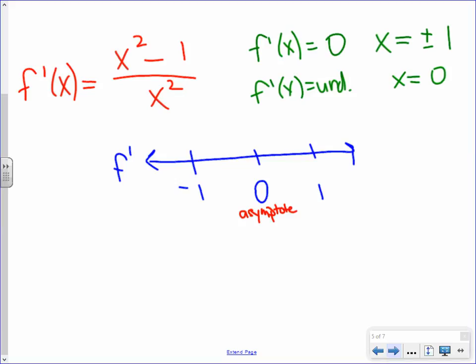So if there is a change in the derivative, can x equals 0 be a relative extremum? It cannot. Okay, so it's good for us to think about that. All right, we still need to test all of the intervals because we need to know when this function is increasing versus decreasing. But we know that 0 can't be an extremum.